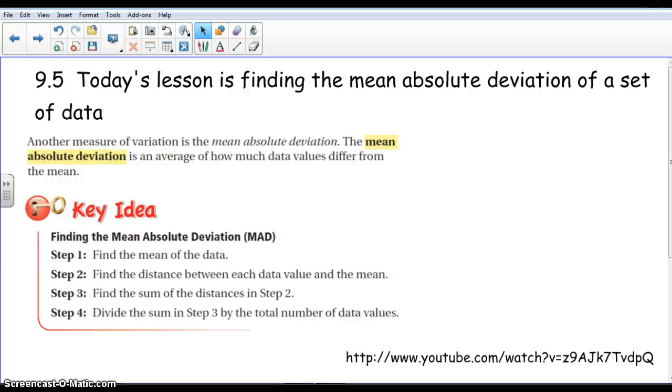Now you've figured out the deviation by subtracting. You can add up all those numbers and then divide the sum by the number of values. Now you have what's called the mean absolute deviation, the average deviation from your number.